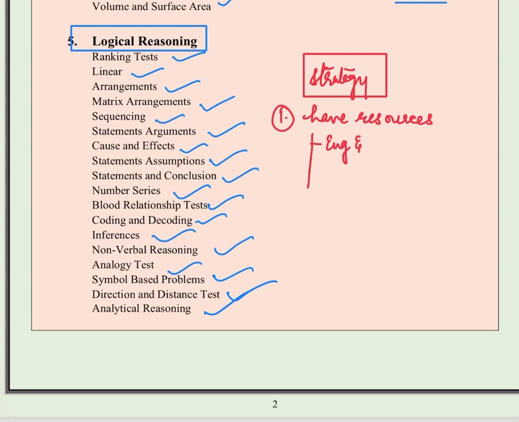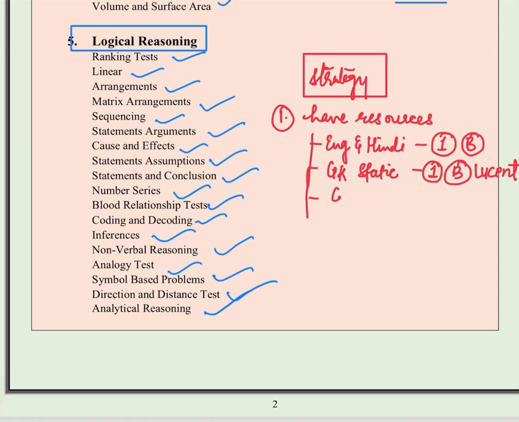For English and Hindi, you have to buy books. Next, for GK static, you have to buy, and that is Lucent. Very good book. Third one is GK current affairs, or you can say GK dynamic. Again, you have a choice. You can buy one, or you can watch YouTube.